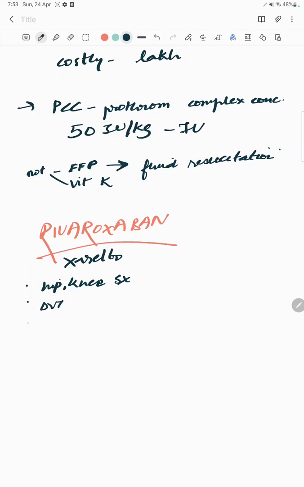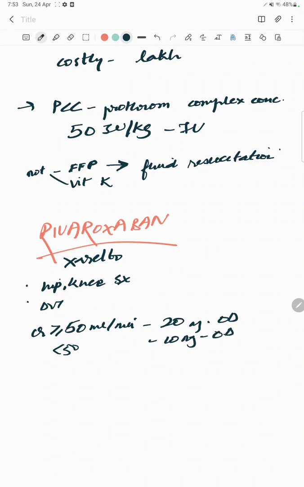The advantage of Rivaroxaban is OD dosing. Here also you need to see the creatinine of the patient. If creatinine clearance is more than 50 ml per minute, the dose is 20 mg OD, or if it's less than 50, the dosage is 10 mg OD.